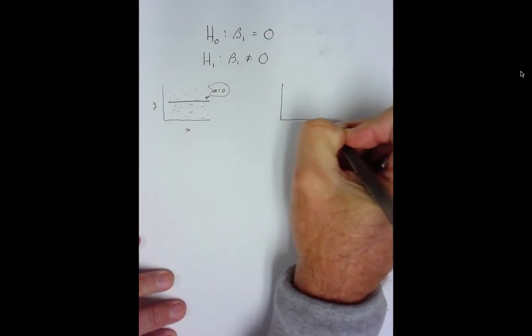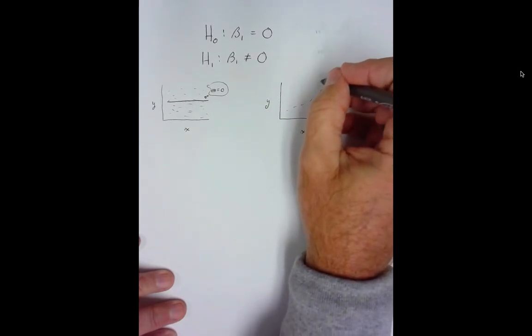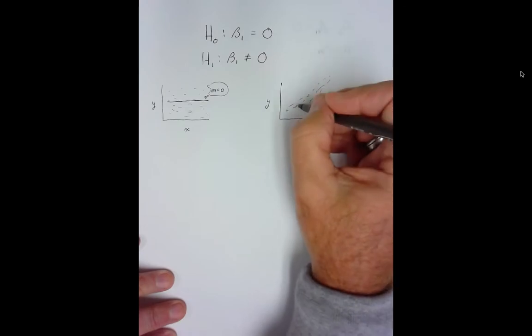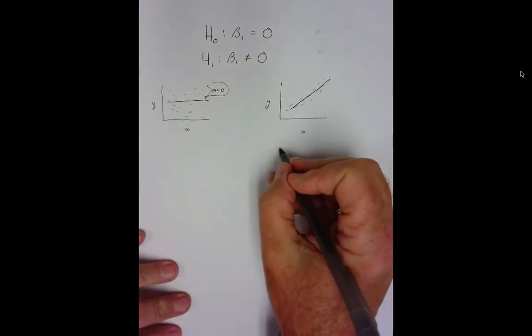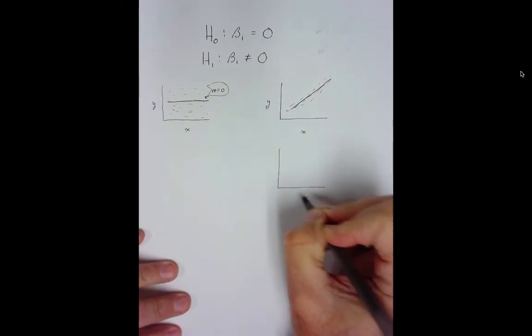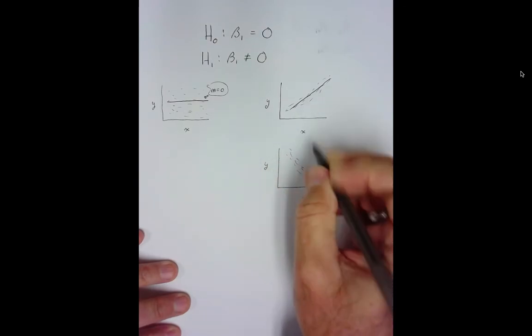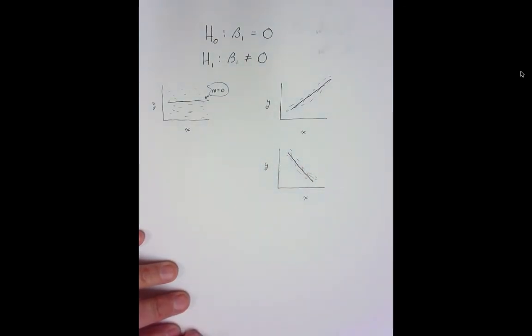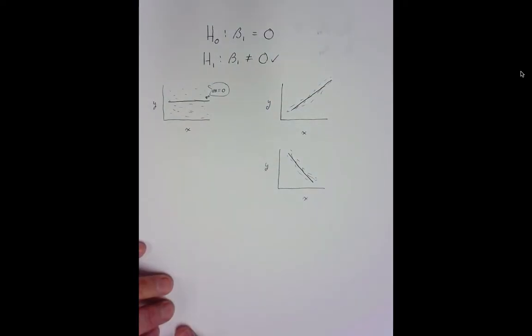We want to see if there's evidence to indicate that the slope is something other than 0. Maybe it's positive. Maybe it's negative. In other words, something other than 0.